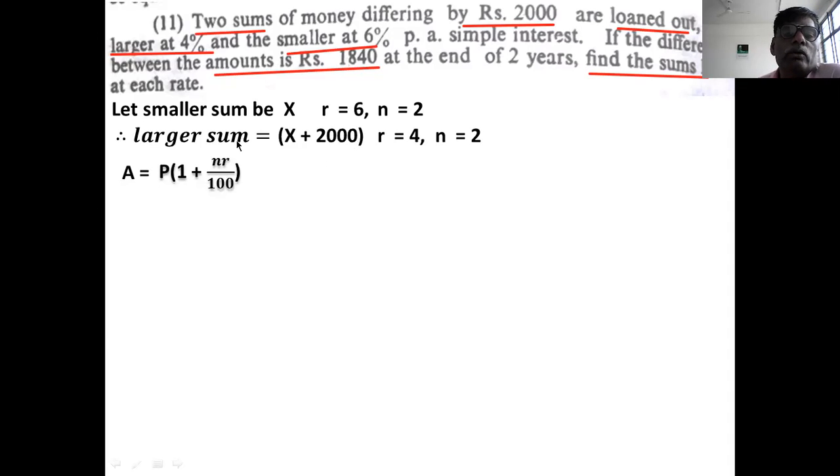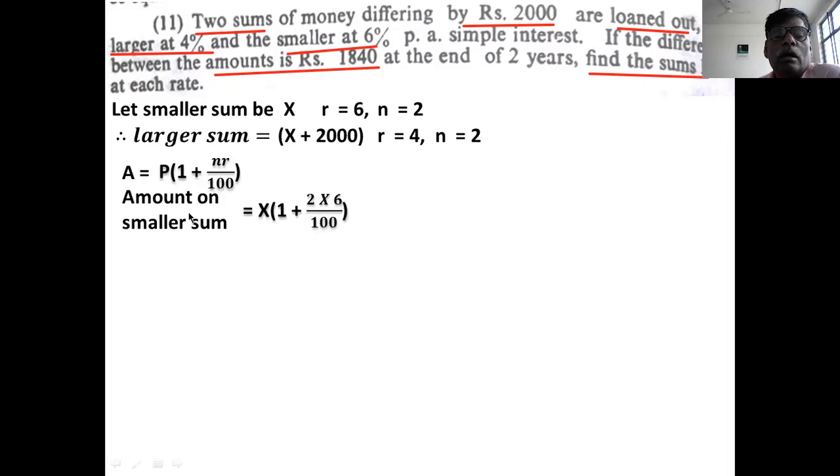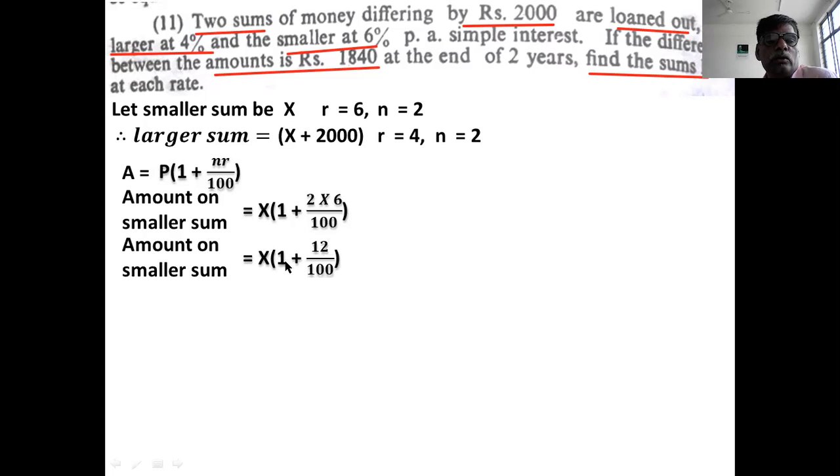Amount on smaller sum: P is x, 1 plus n is 2, R is 6, divided by 100. Second step, x into 1 plus 12 by 100.